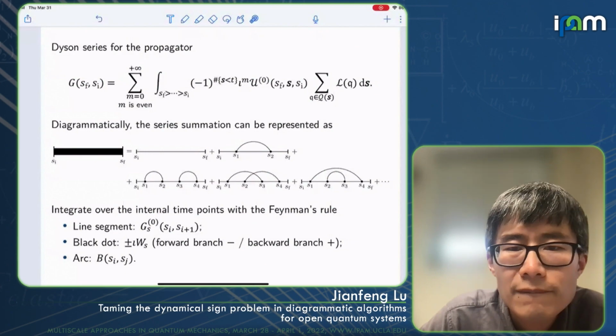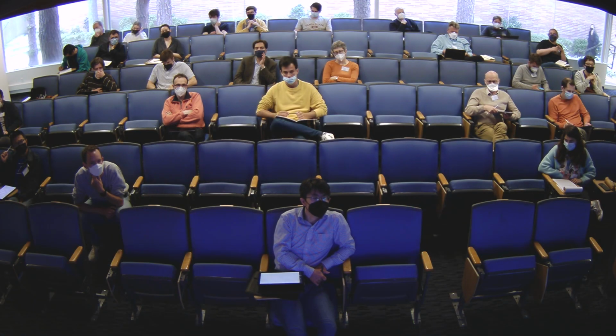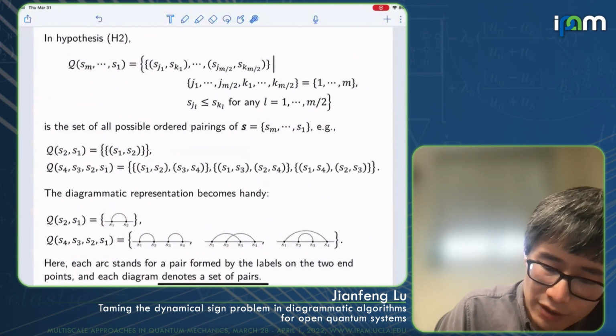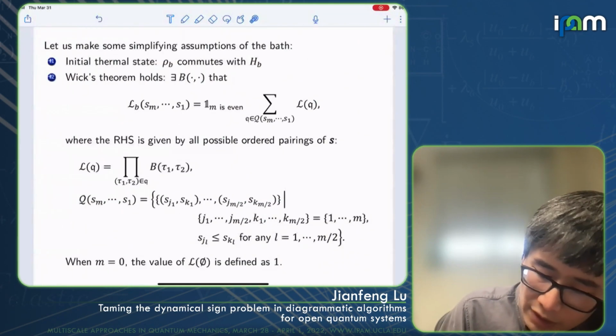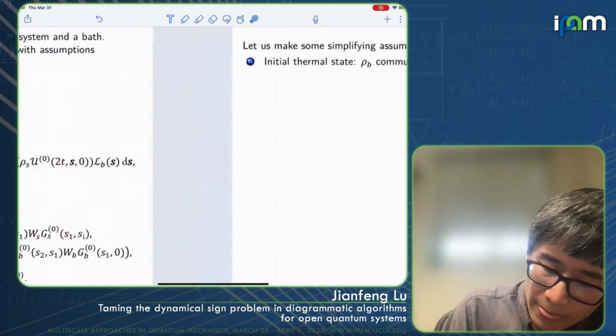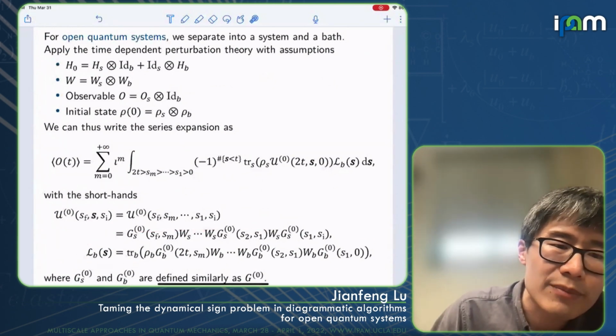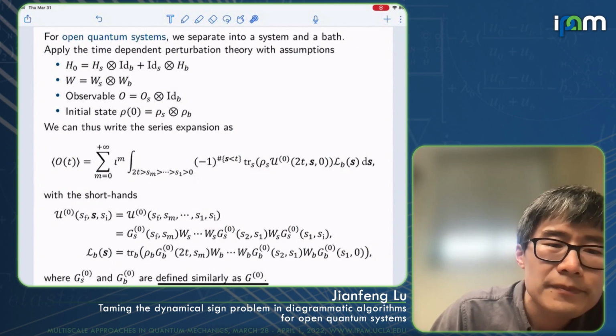Remind me the definition of B. The B comes from the influence function, so it captures this, and we assume that it can be written as pair interactions.